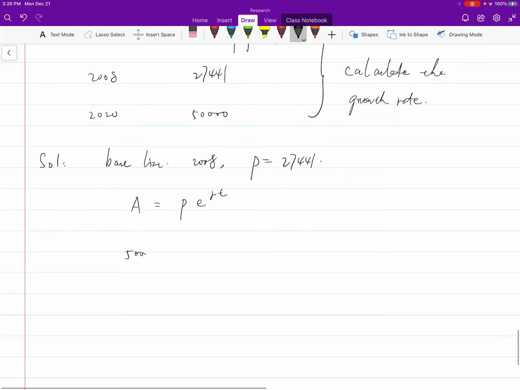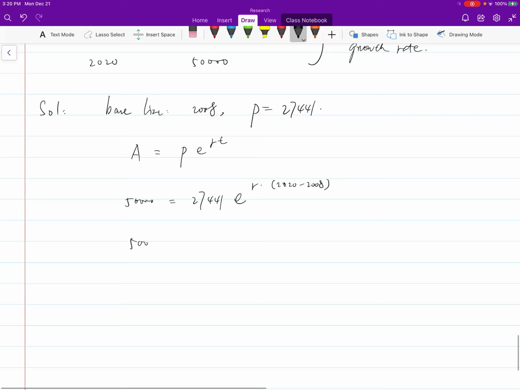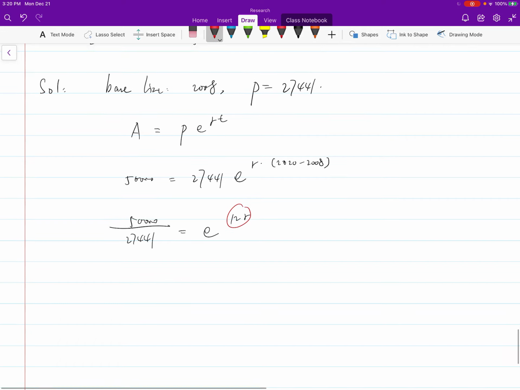Now what we can say is, R we don't know, but we do know it takes us 12 years from 08 to 2020 to grow from this number to that number. So finally what we end up with is a number, which is another number here.